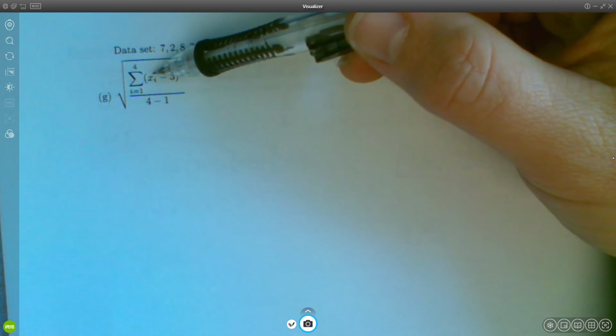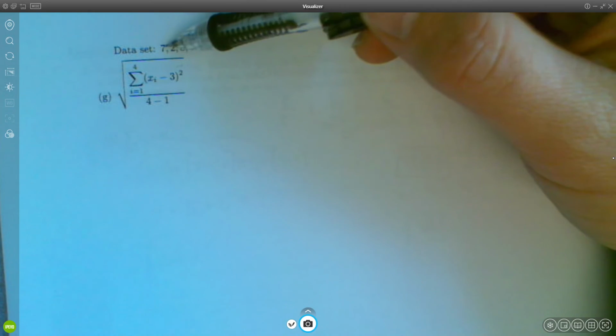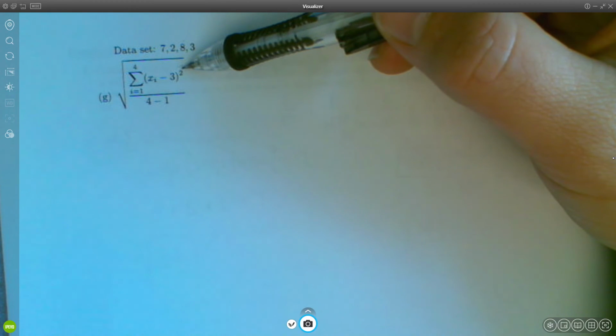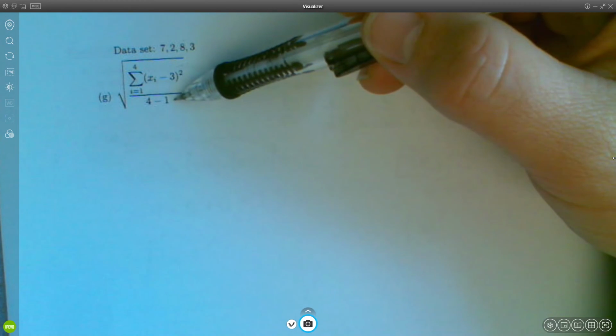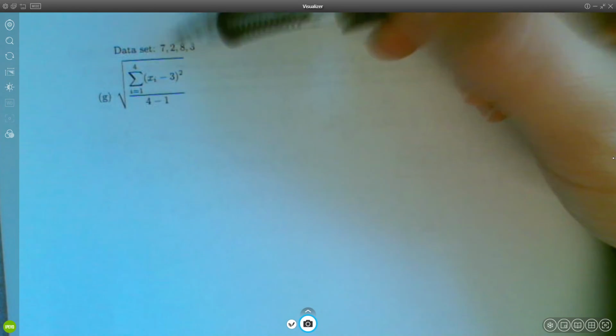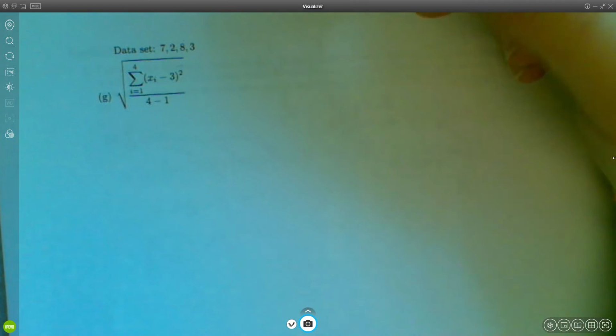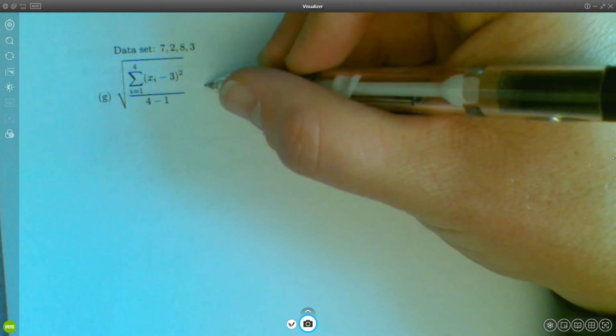So first I have to do xi minus 3 for each of these data values. Then I have to square the result. Then I have to add all of those up. And then finally I'll divide by 4 minus 1. And at the very, very end, I'll take the square root. So that's the name of the game here. So let's see what we get.